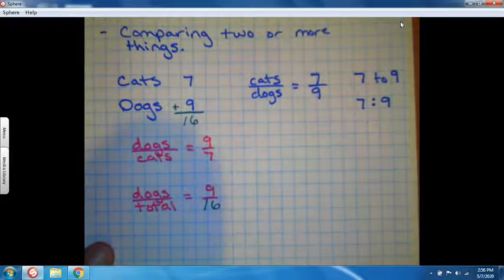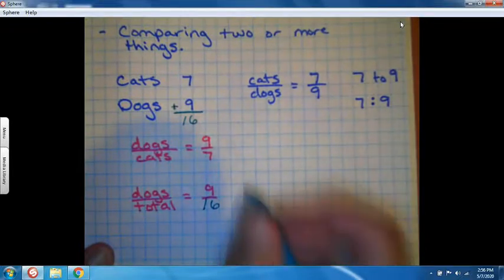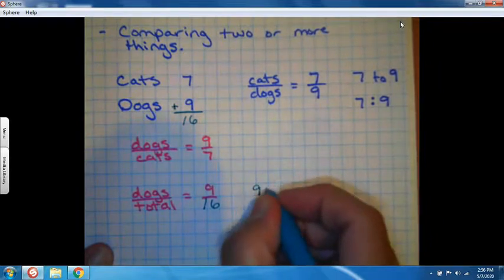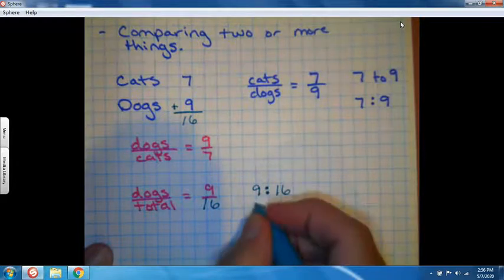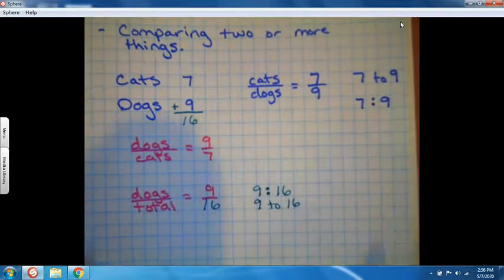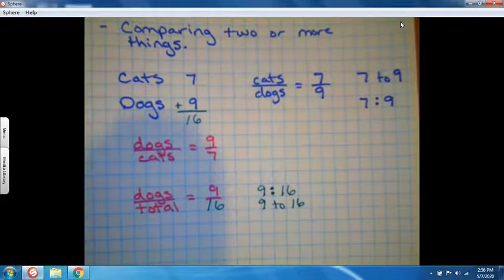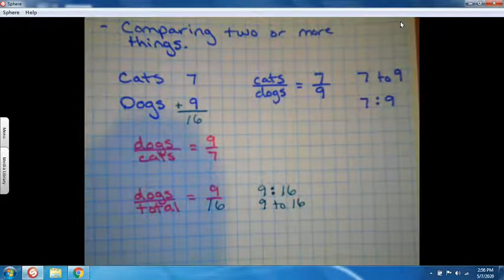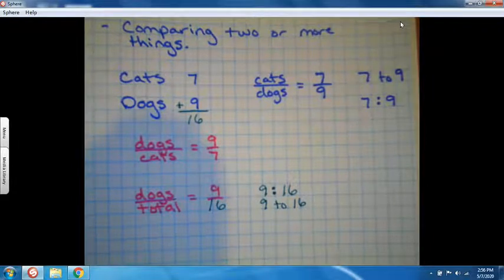And once again, you can write that the 3 different ways. You can write it 9 to 16, or 9, the word to, 16. And it doesn't matter. They're all correct. Now, they may have you simplify if you can.